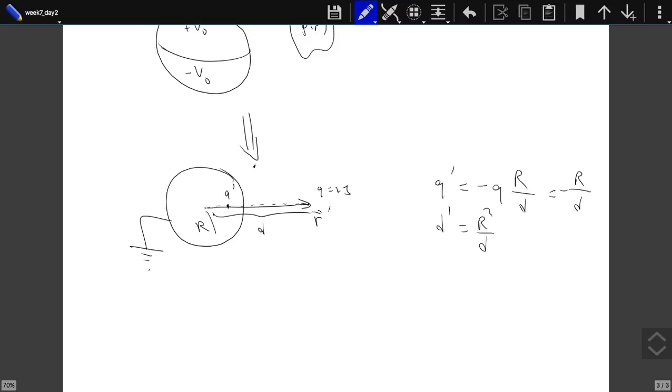Now we need to find the potential at the point R. Well, we can just write it down straight away. This is Q over |R minus R prime|. This is the potential created by the charge at R prime.